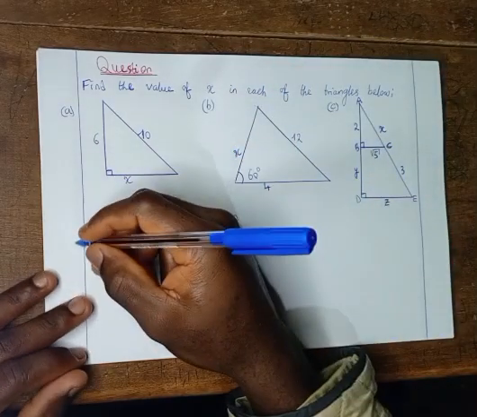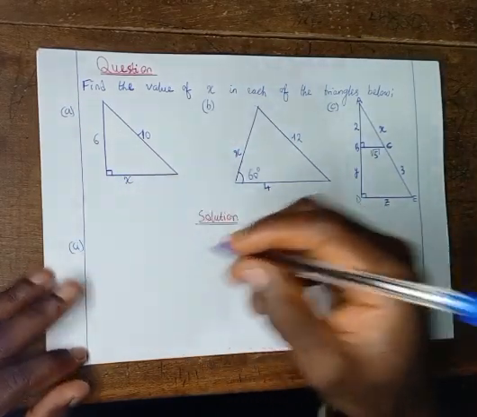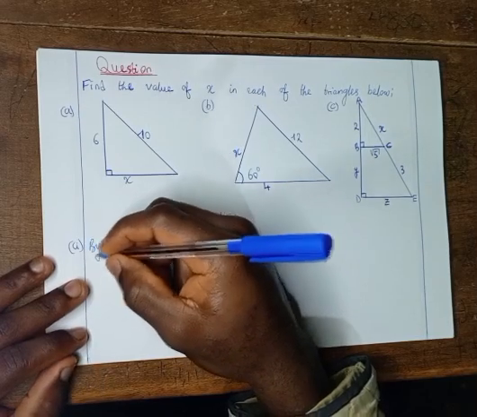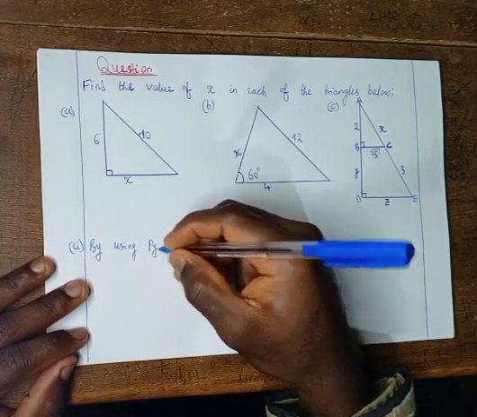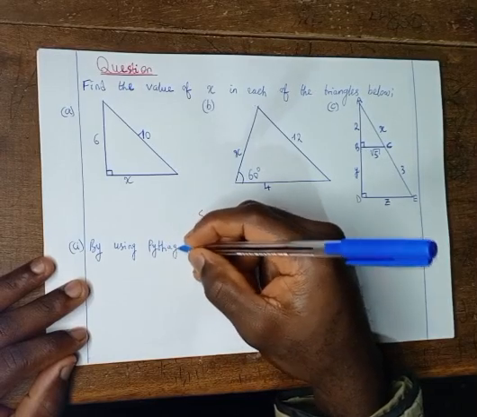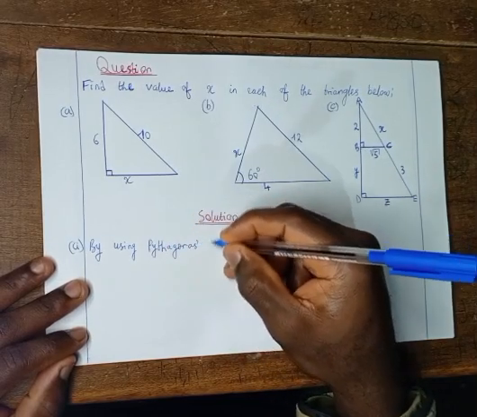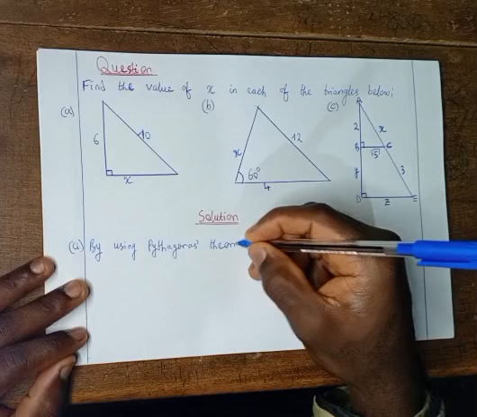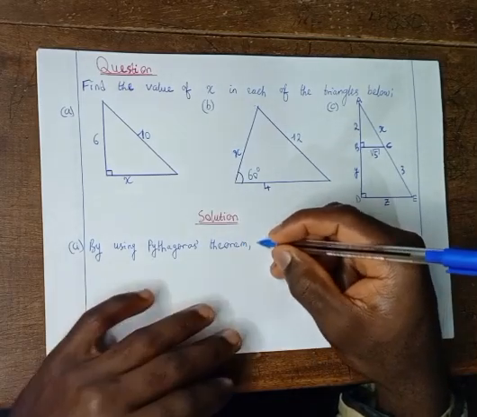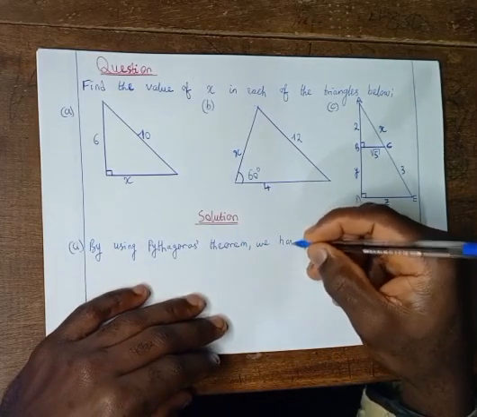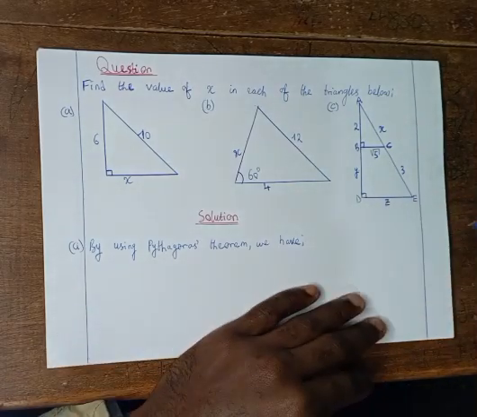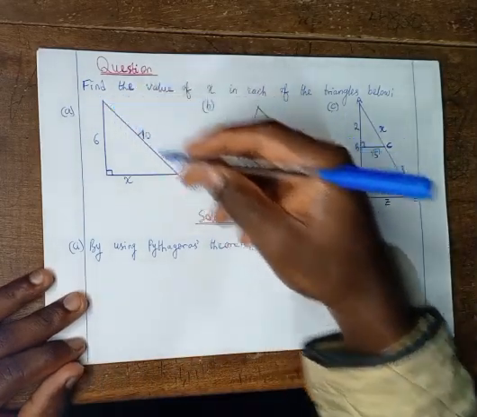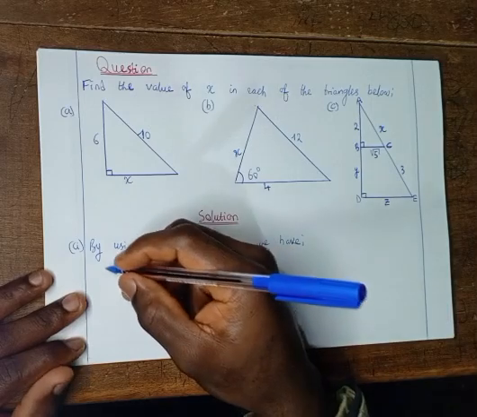So for question A, we're going to start by using Pythagoras Theorem. We have this is the hypotenuse, 10.